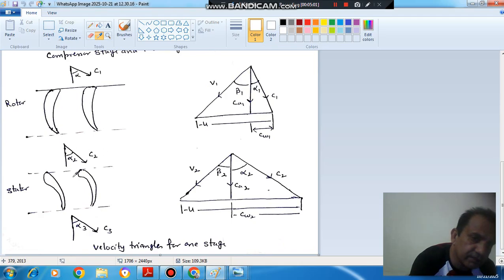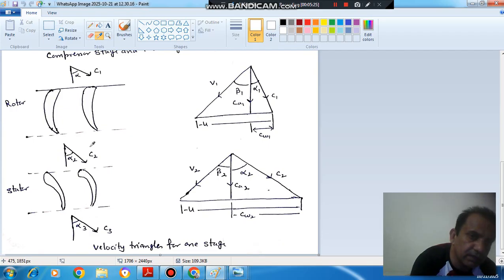Now the air enters the stator and its velocity is reduced. Okay, its velocity is reduced because of the diffusion process. So C3 is less than C2. C3 is the velocity of air at which it is leaving the stator, and alpha 3 is the angle at which it is leaving the stator.